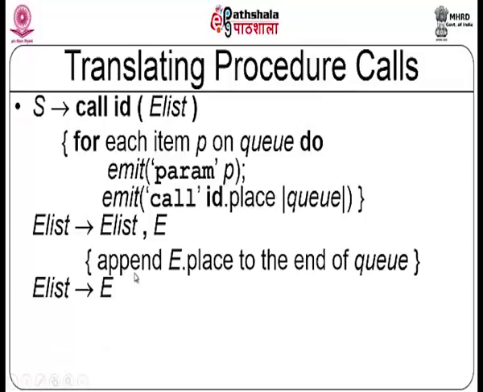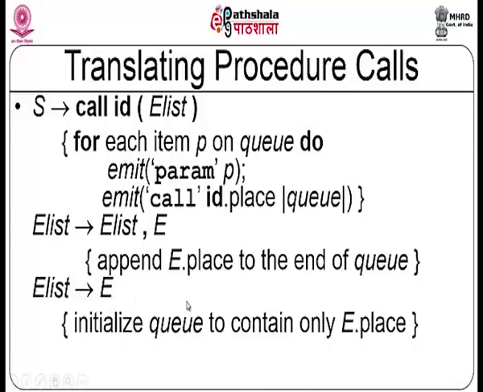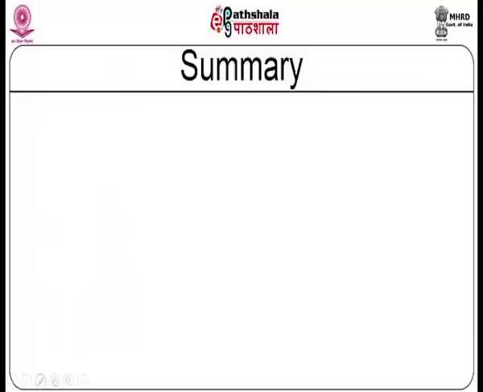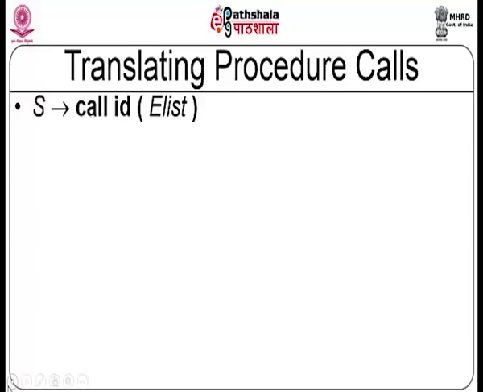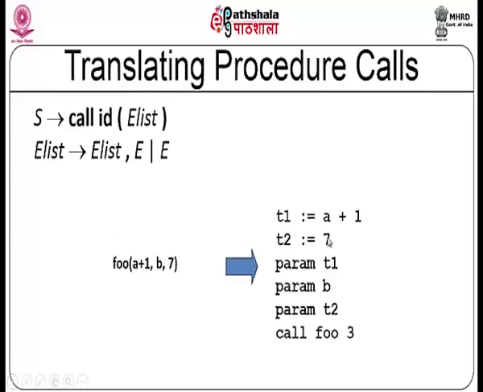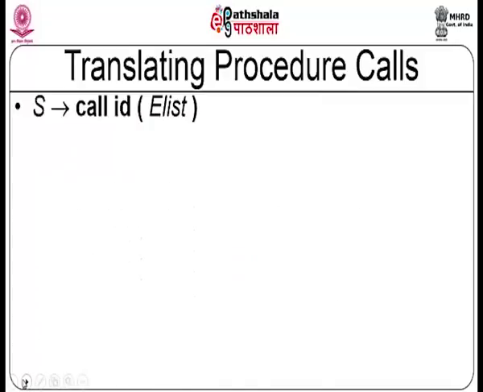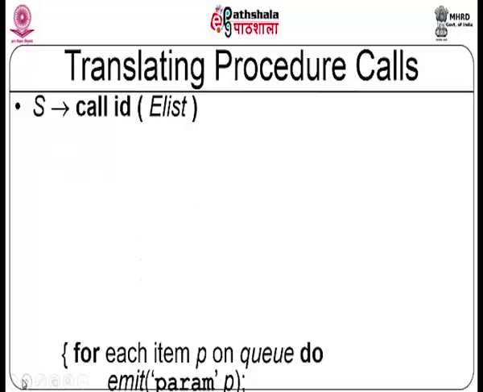And then you append E dot place to the end of Q. And after that you initialize Q to contain only E dot place. So, that is what we have done here if you could recollect. So, emit param T1, emit param B and emit param T2, where T1 is A plus 1, T2 is 7, and so these three will be put in a queue, and then that will be called one after the other. So, that is what this 3 address code is trying to do, and it will be evaluated on a one-to-one basis.